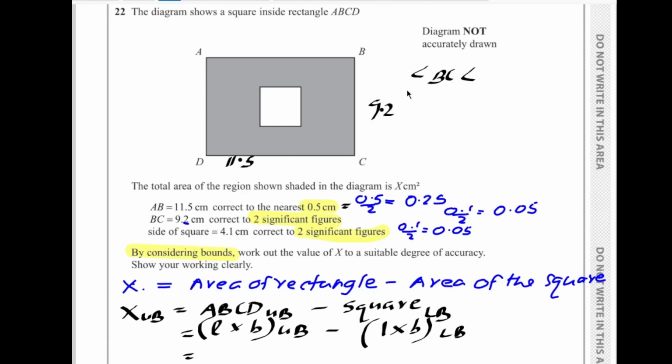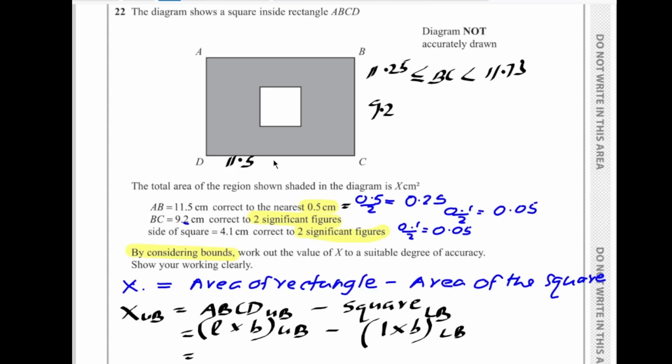Then when we are getting upper bound and lower bound for BC, how do we get it? Upper bound is 11.75. Lower bound is 11.25. So this is the way how we do it for the original measurement. If you want to get upper bound, you need to add this much. If you want to get lower bound, you need to subtract this much.